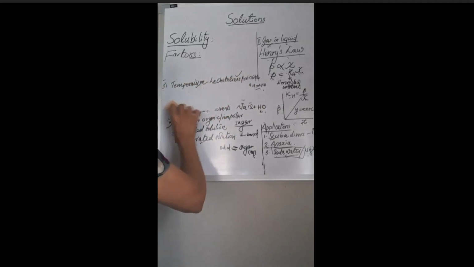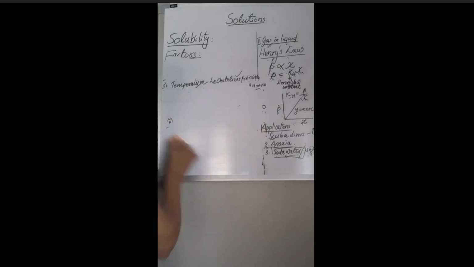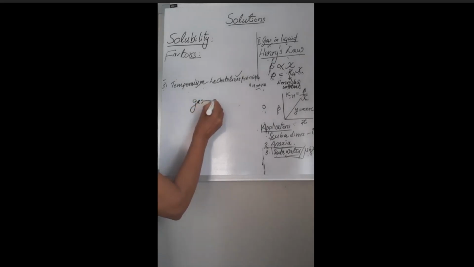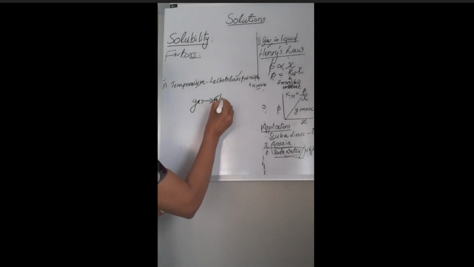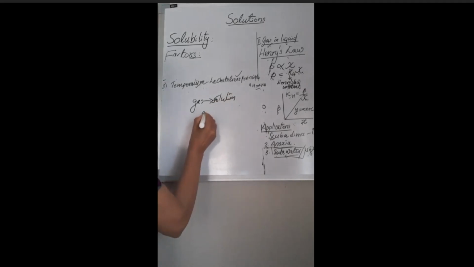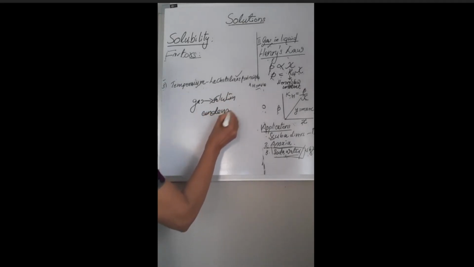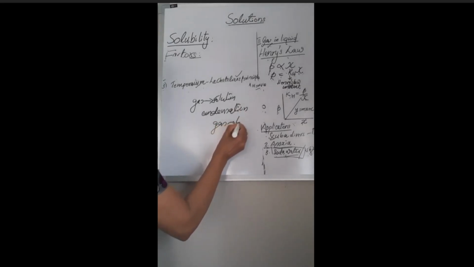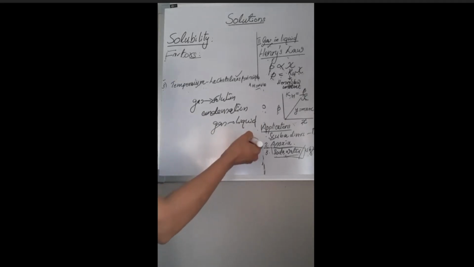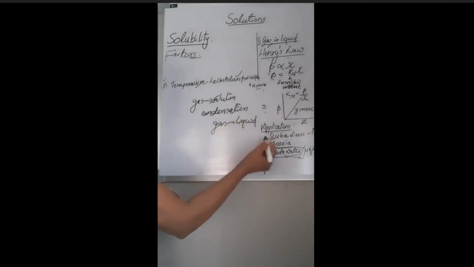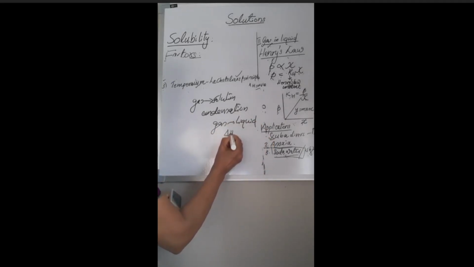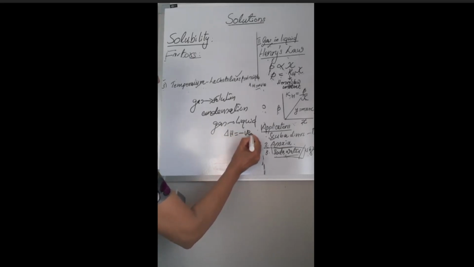When a gas dissolves in liquid, it goes into solution, and this can be considered a condensation process. In condensation, gas changes to liquid, and we know that when gas condenses, heat is liberated, that is, delta H is negative.